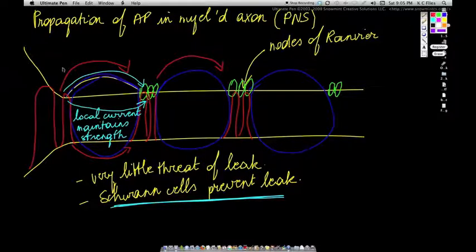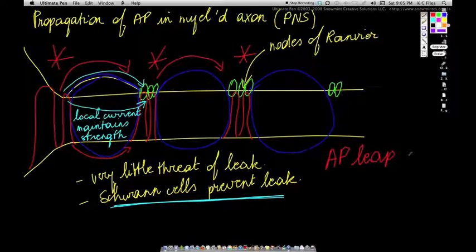So if I put a big star by where action potentials are firing, notice that it's as if the action potentials leap from node to node. And we refer to this as saltatory conduction.